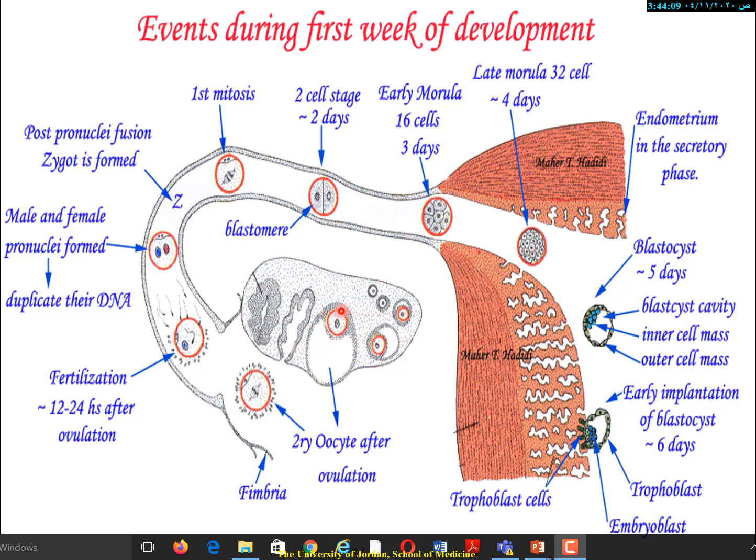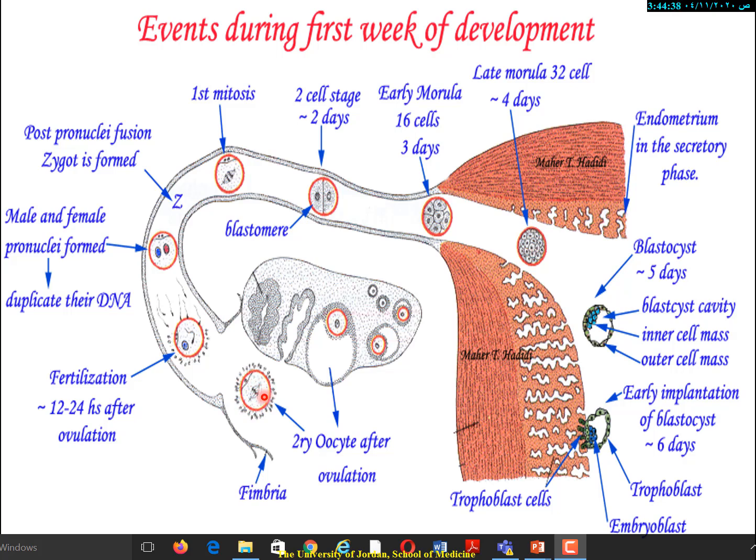This structure only would be ovulated, and then at the same time this part of the fallopian tube, which is usually fimbriated, it has fimbria, and they are finger-like projections that would sweep over the ovaries to catch the ovulated egg.